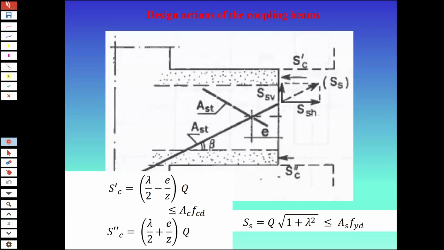Why am I neglecting the compressed diagonal? Well, this is an analogy made with the design of crosswind bracing in steel structures.